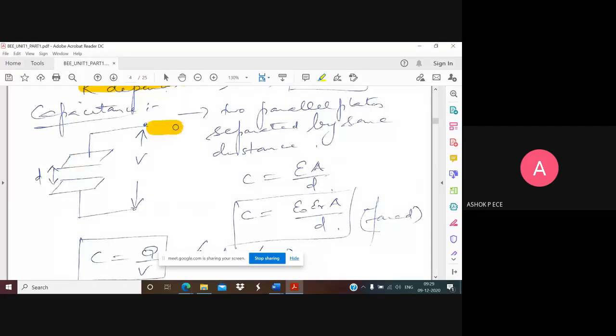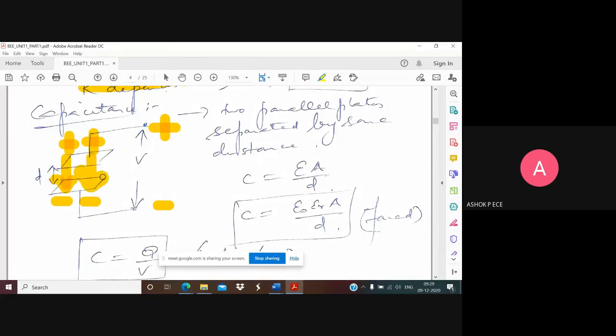So when I apply a DC voltage to this capacitor, what happens? This upper plate will have positive charge because it is close to the positive polarity of the battery, and the lower plate will be negatively charged. Because of this positive charge on the upper and negative charge on the lower plate, there exists an electric field which flows in this direction.